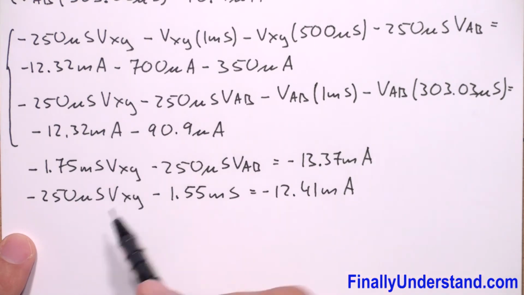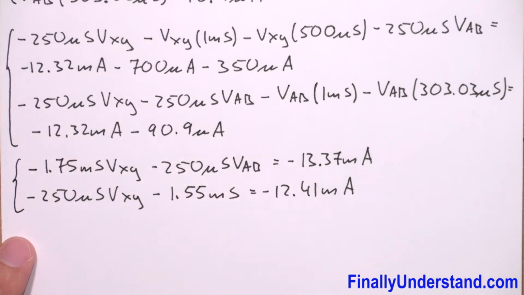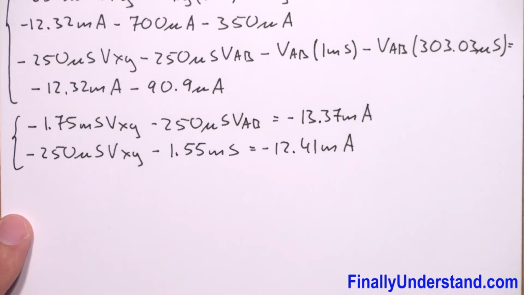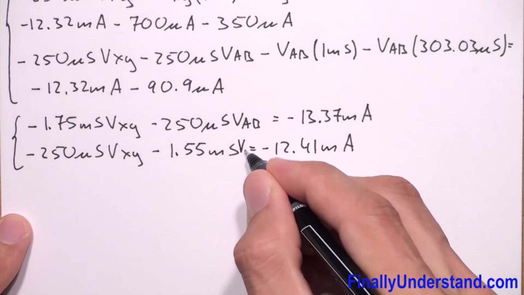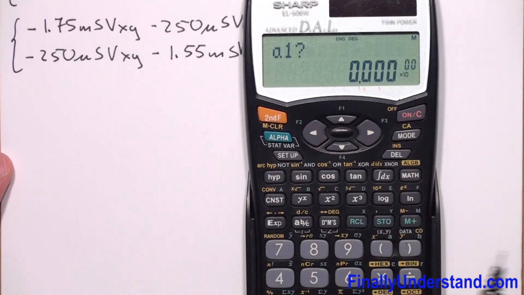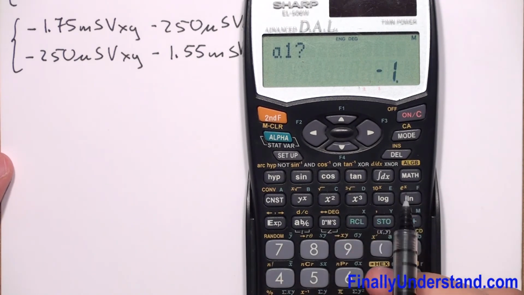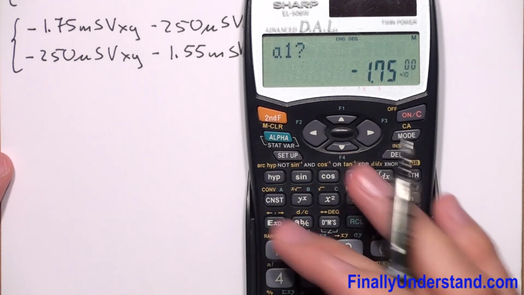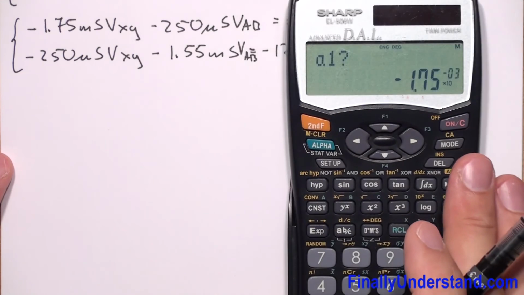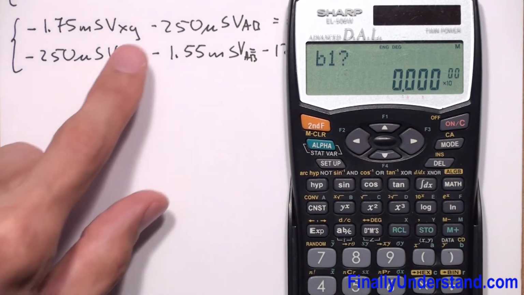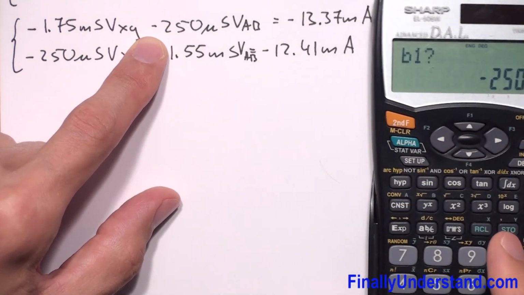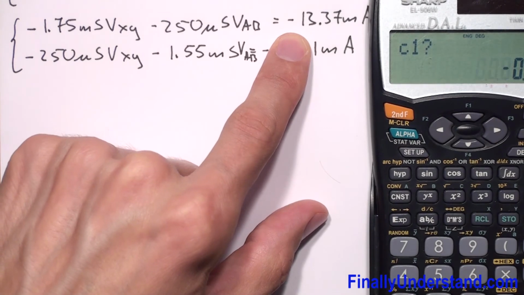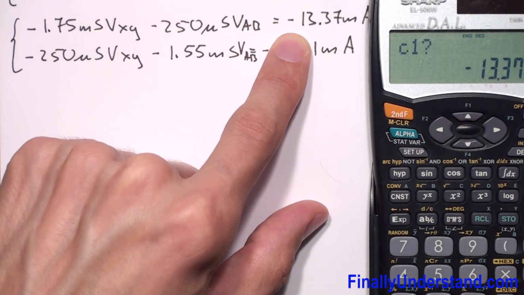Okay, so next we are going to use the calculator to find values of VXY and values VAB. This is of course VAB. So I have negative 1.75 exponent negative 3. Okay, next one I have negative 250 exponent negative 6, and I have negative 13.37 exponent negative 3.